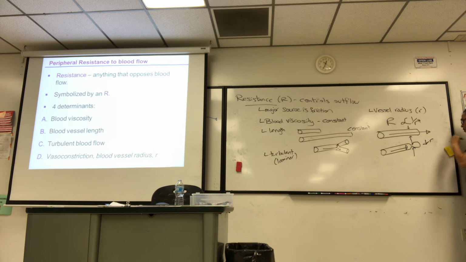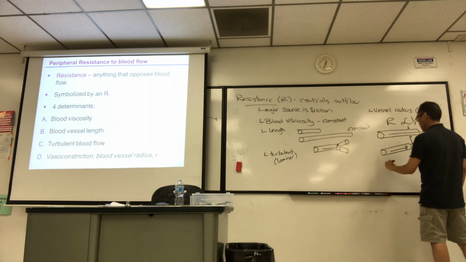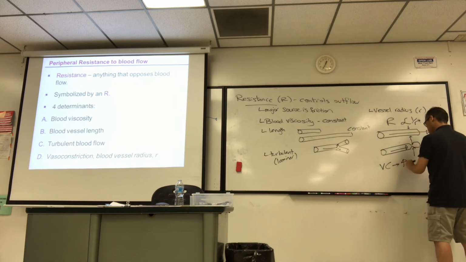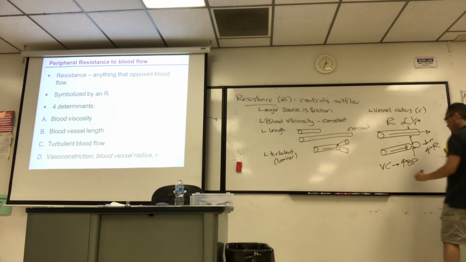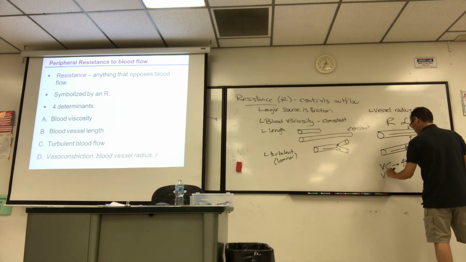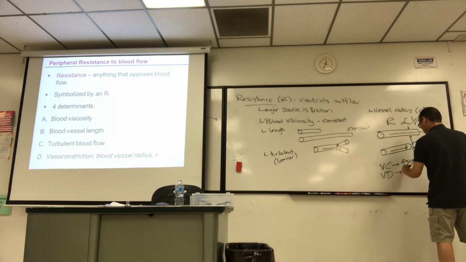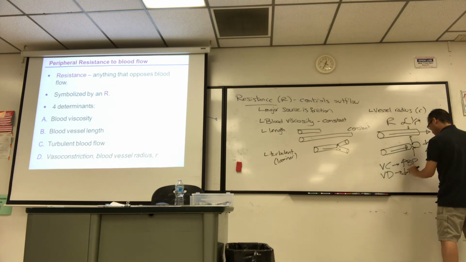Decrease lowercase r, decrease the radius for blood to flow, increase overall peripheral resistance. That's the relationship we want students to know. When you vasoconstrict, VC, you increase blood pressure in the arteries, BP. That's the basic relationship I want you to know. The opposite is VD, vasodilation, open it up. You vasodilate, you let more blood out, that should drop the blood pressure.